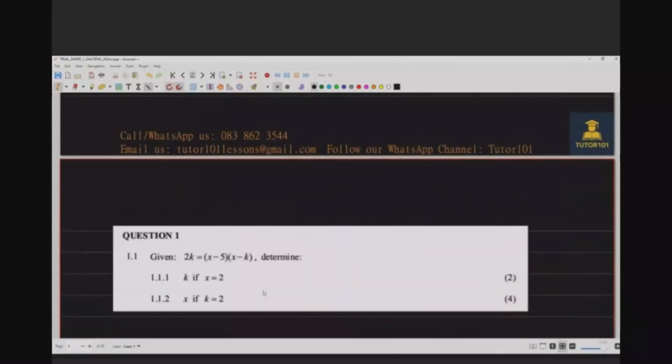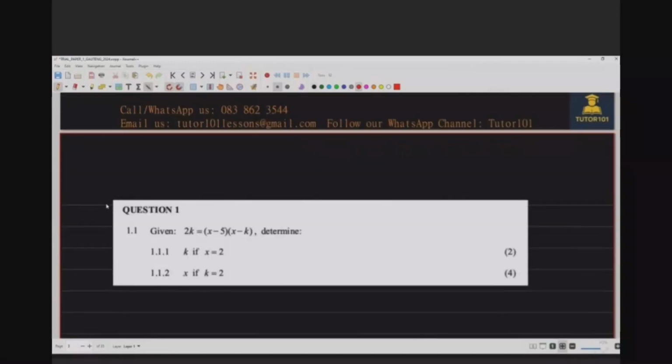Okay. So now we're going to take a look at the first question. So for question 1, given that 2k is equal to x minus 5 multiplied by x minus k, determine 1.1.1 k if x is equal to 2.